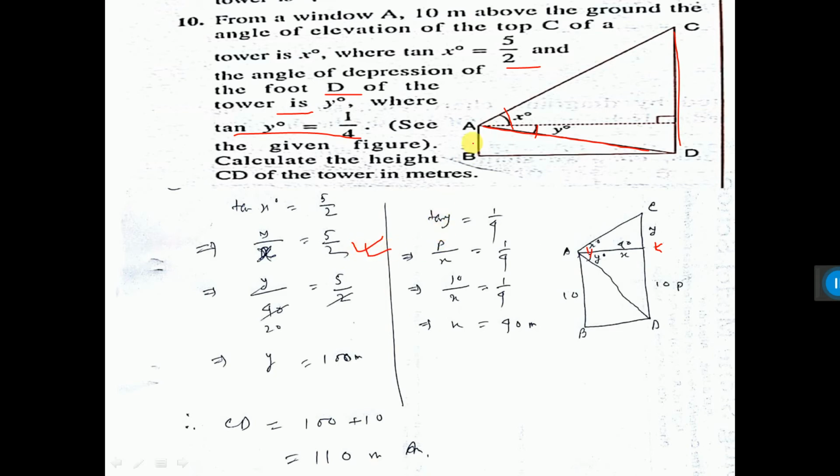Tan y means from this triangle, AKD triangle, tan y equals perpendicular by base. Perpendicular is 10, written here, and base is x. And the value is given as 1 by 4. Now cross multiply: x into 1 equals 10 into 4, that is 40. So I have got the x value here.